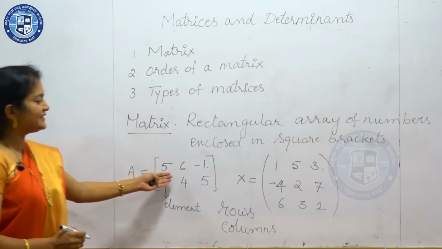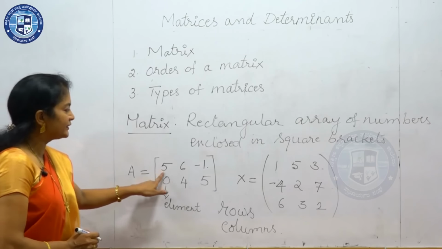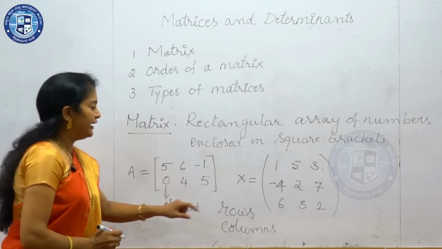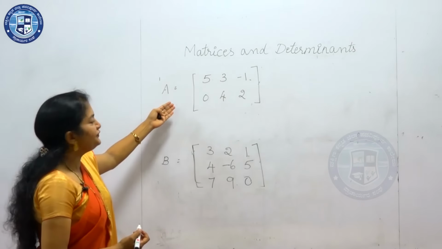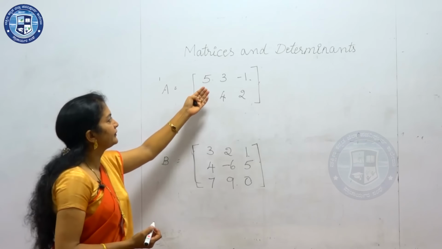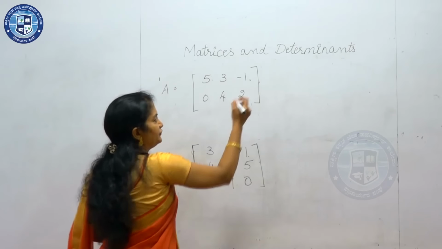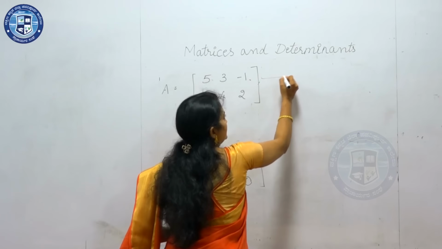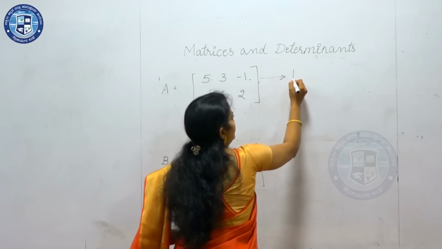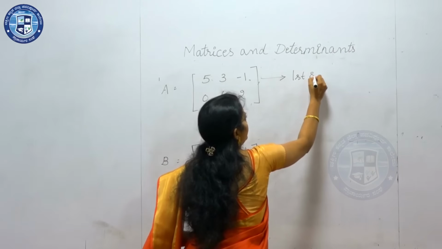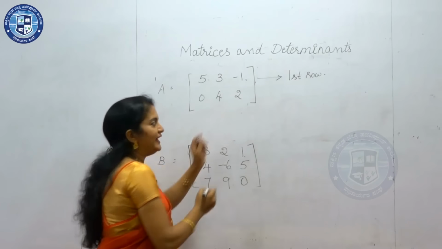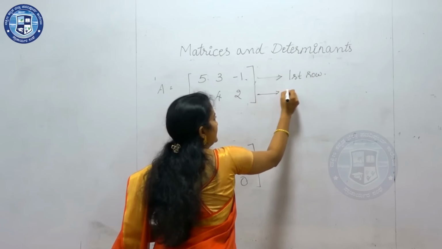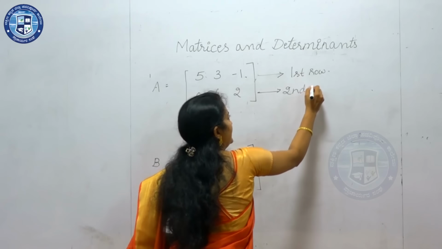Now if you see this matrix, it has 2 rows and 3 columns. In this matrix A, 5, 3, -1 form a row that we can call the first row. 0, 4, 2 are forming another row, which we call the second row.